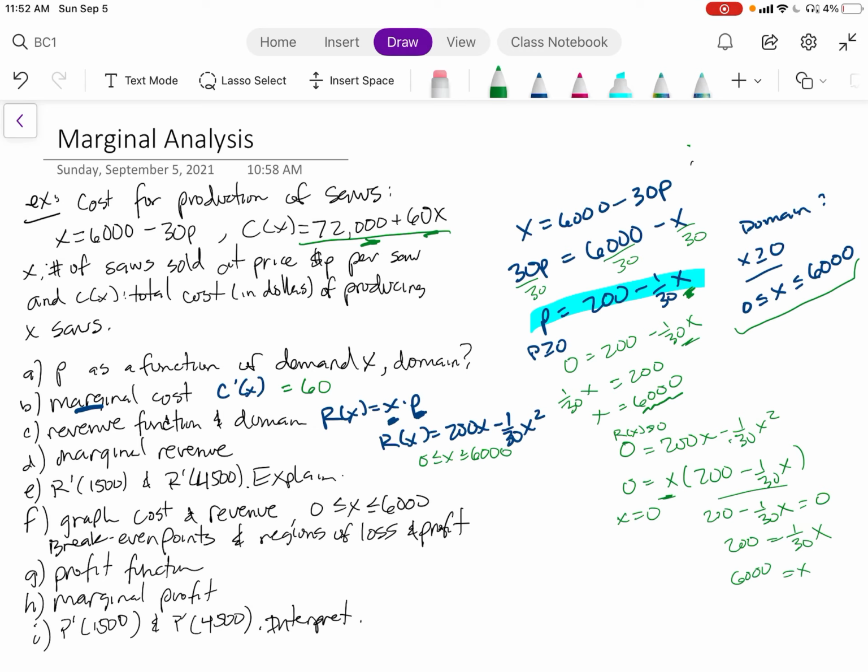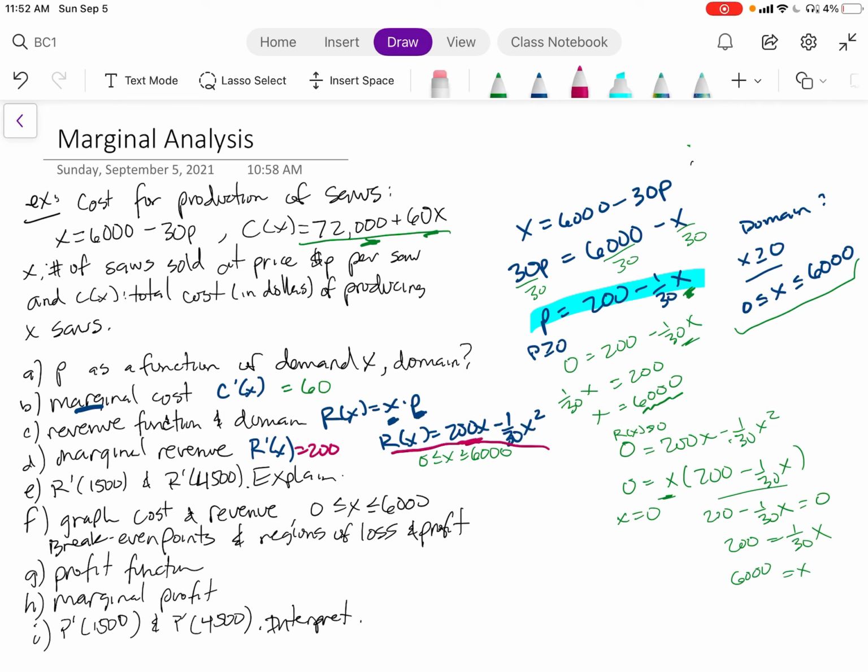Next is the marginal revenue, R prime of 1,500. So marginal revenue is just the derivative of the revenue function. So we need R prime of X. Looking right above at R of X, if we took the derivative, the derivative of 200x is easy, that's 200.